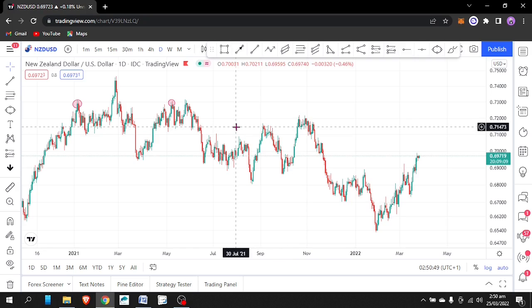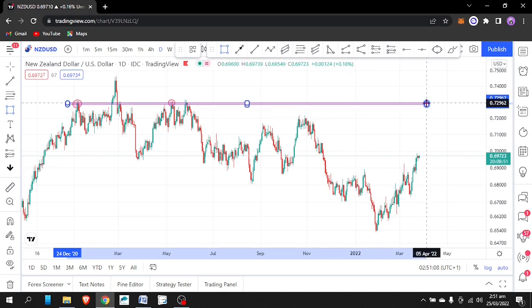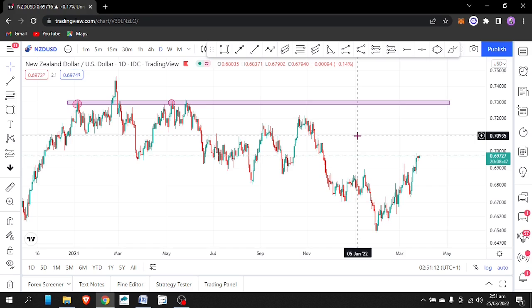Support and resistance, we use horizontal lines to find them on our charts. You can use this horizontal line, or you can use this rectangle to draw your zones. If you pick this rectangle and draw it like this, you can see that we have gotten ourselves a zone.